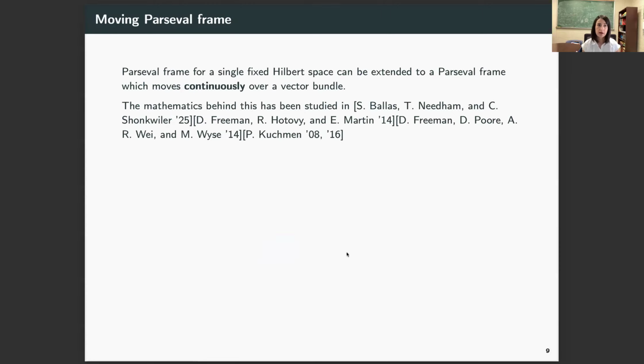Now I'm going to think about moving Parseval frames on these vector bundles. So instead of just looking at a fixed Hilbert space, we're extending this to a moving Parseval frame over a vector bundle. There is some work done in this area.